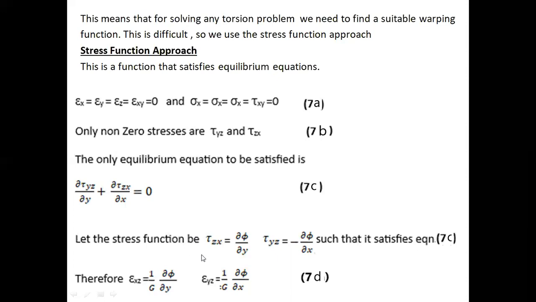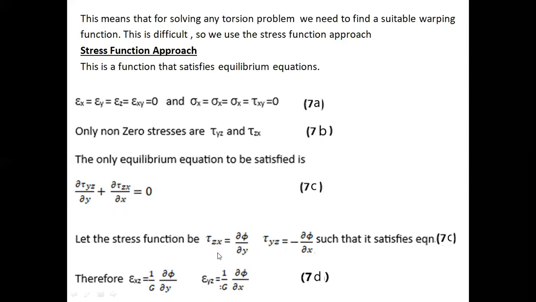So let us find the stress function as follows. Let's say that tau zx is equal to del phi by del y, and tau yz is equal to minus del phi by del x. It is defined in such a way that it will satisfy the equilibrium equation. You put this in equation 7 and you will see that it is satisfied.